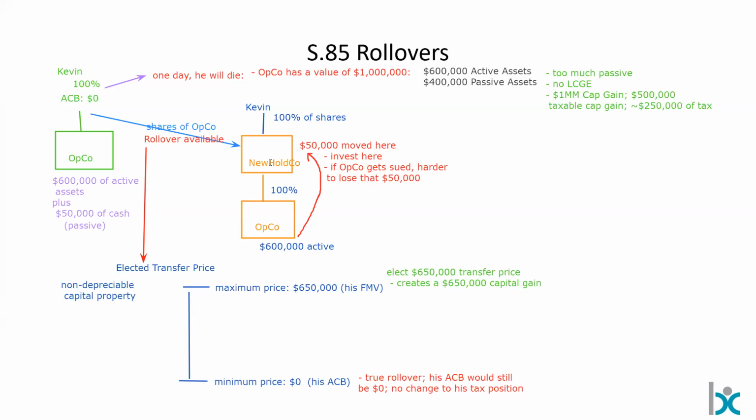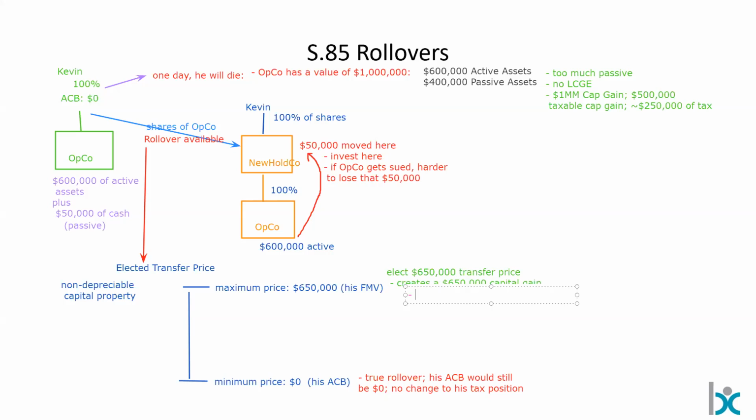What's the active asset cutoff for the lifetime capital gains exemption? It has to be at least 90% active, and it's about an $860,000 exemption today. If you said 850 or 880, no problem. You would be perfectly well suited for any exam question with those numbers. If you know it's in that sort of mid to high 800s, you're absolutely fine.